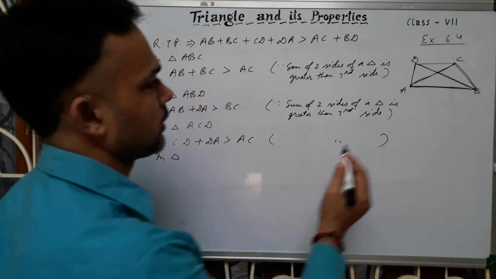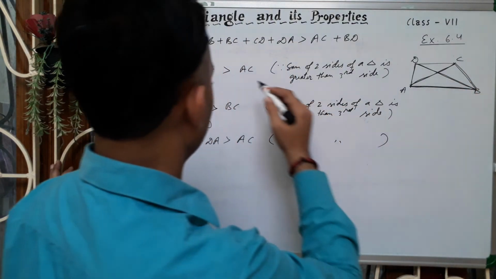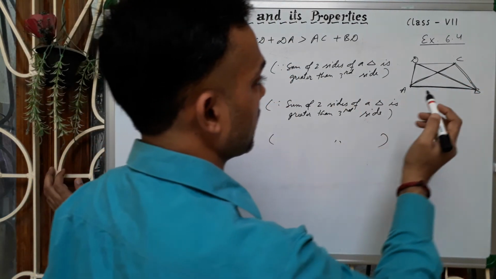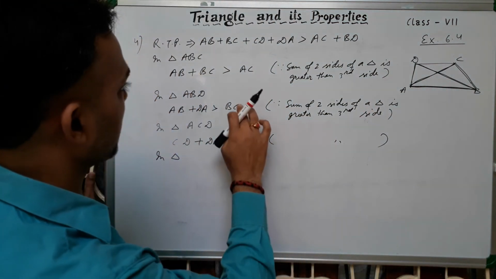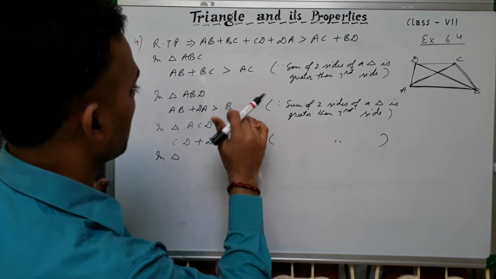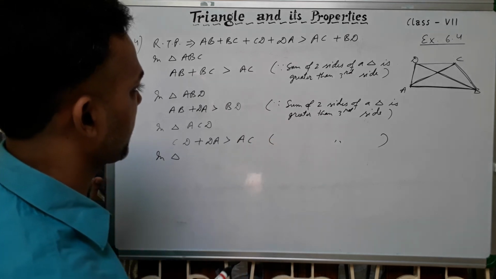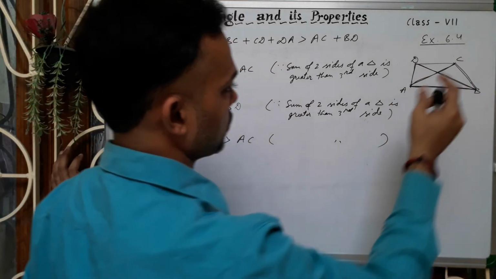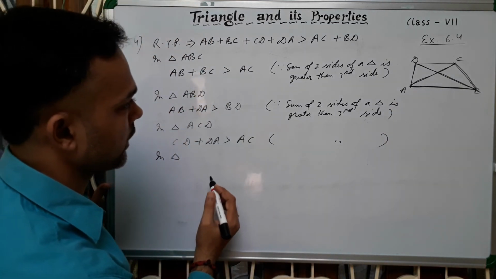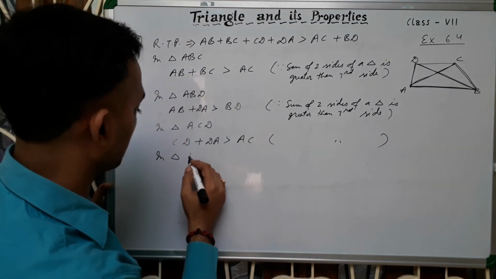Now let us take the other one, as over here it is not BC but it's BD. Now let us take the other diagonal also. For that we will have to take triangle BCD.